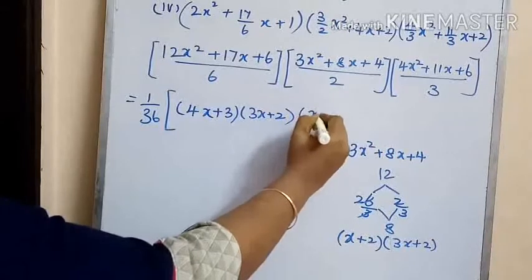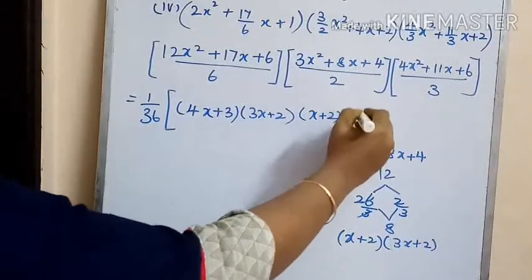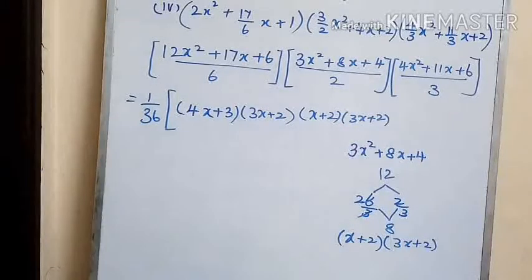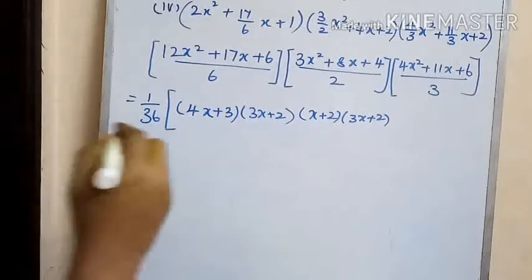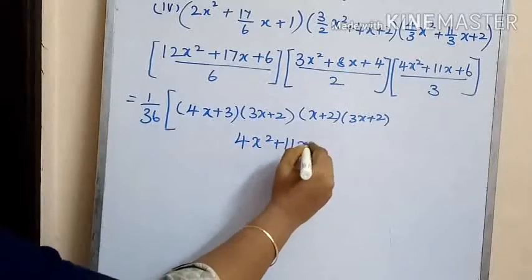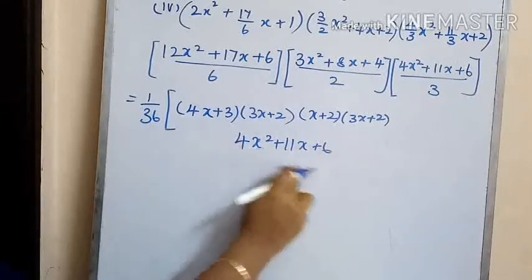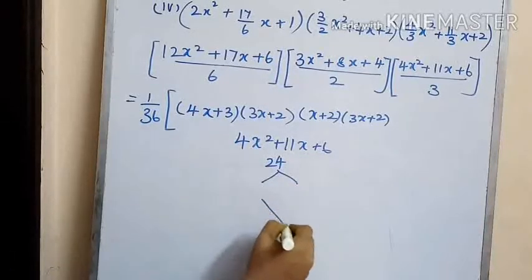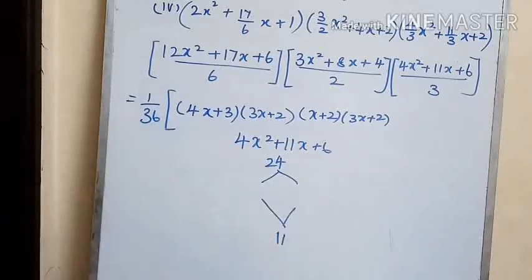Substituting it here, we get the second part as x plus 2 into 3x plus 2. Now let us factorize the third part, which is 4x squared plus 11x plus 6. The product is 24 and sum is 11. So the two factors will be 8 and 3.